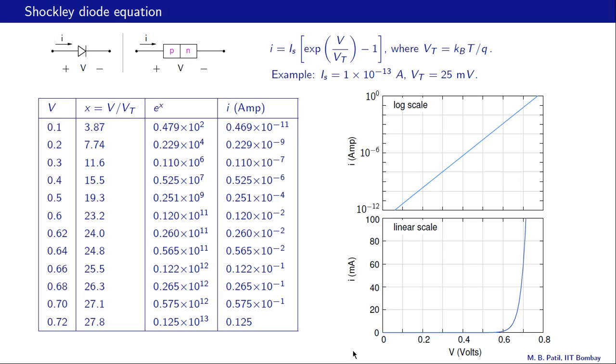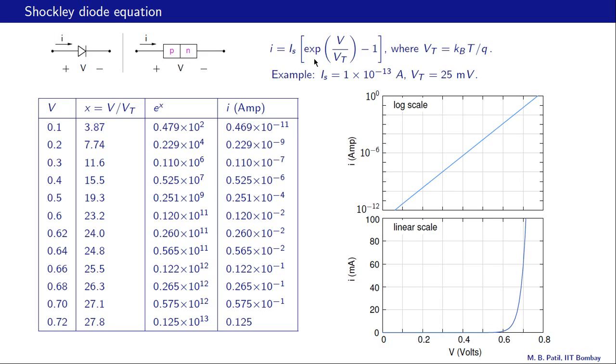Before leaving this slide, let us see what the current is as predicted by the Shockley equation when V is negative. As an example, let us take V equal to minus 1 volt. Minus 1 volt is minus 1000 millivolts. So minus 1000 millivolts divided by about 25 millivolts is minus 40.